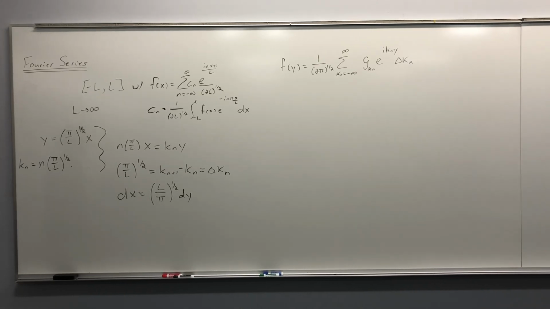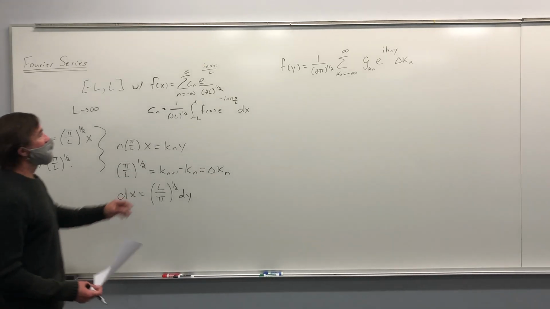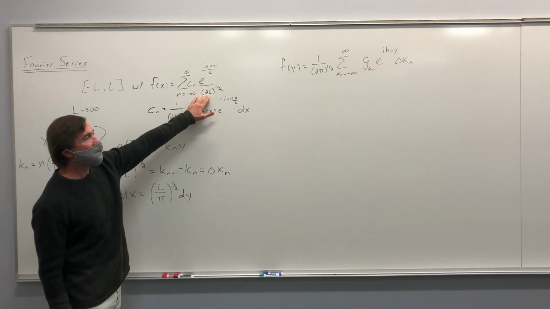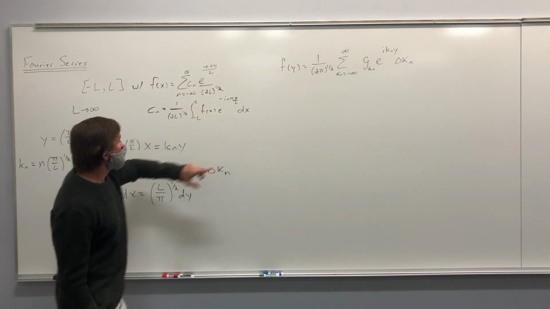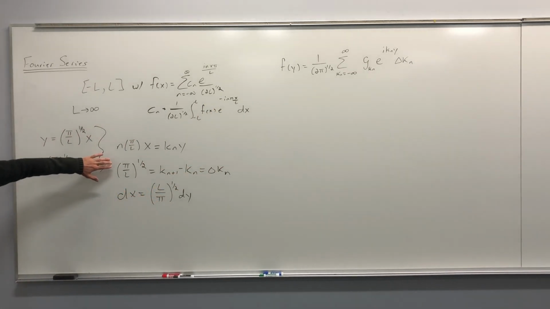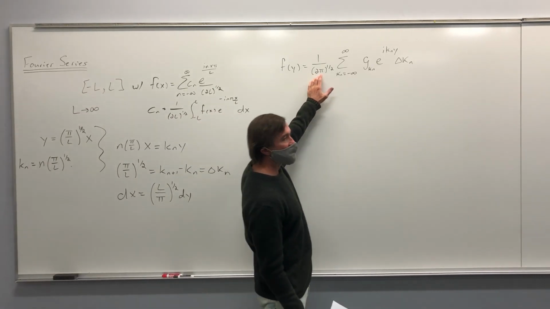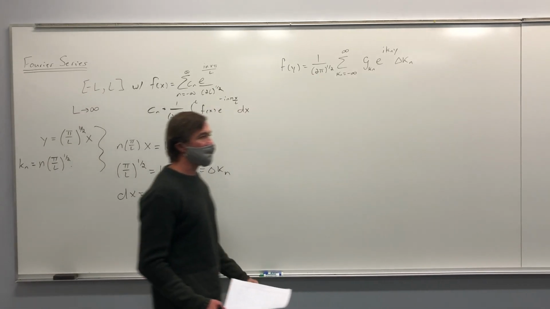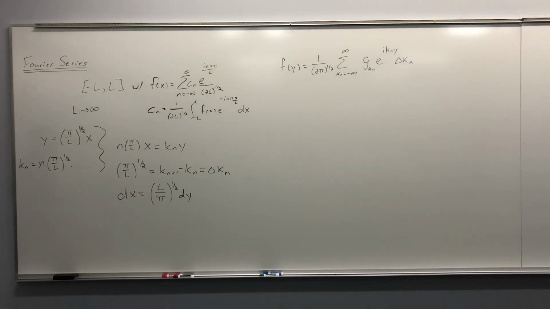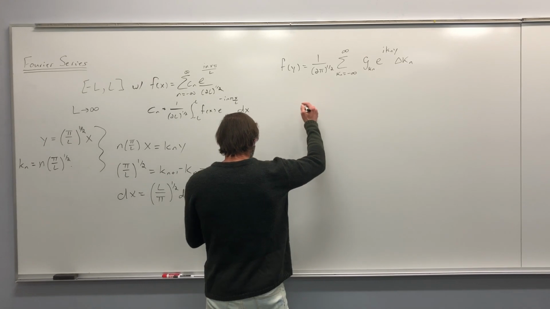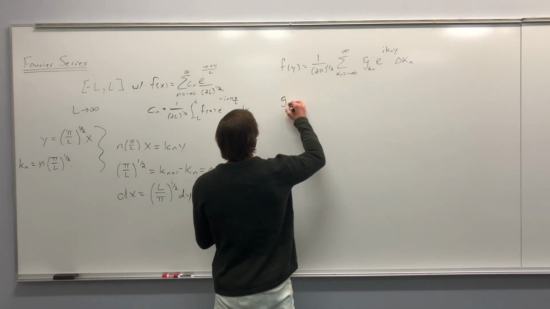Any questions about that? Everything cleans up nicely. You've got this 1 over 2 L to the 1/2 factor, and you're replacing that with a combination of these things, and that's generating this 1 over 2 pi to the 1/2 and this delta Kn factor. Now, these coefficients can be given by the following expression.